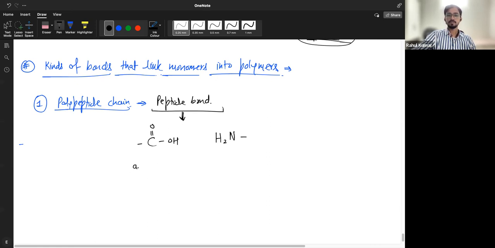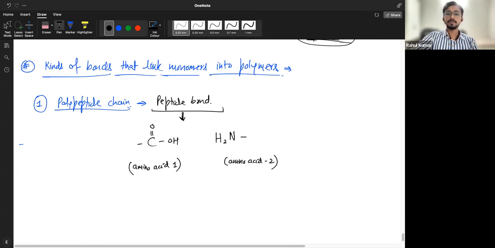So this is amino acid 1 and this is amino acid 2 in a chain, and now there has to be a bond formation.